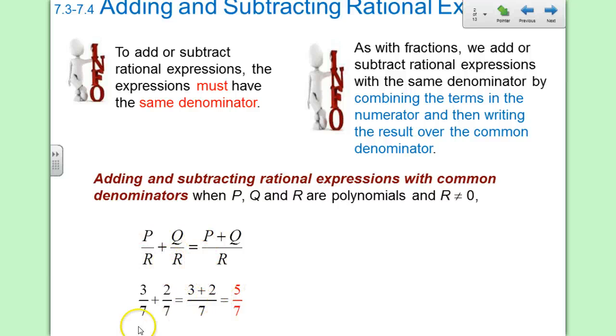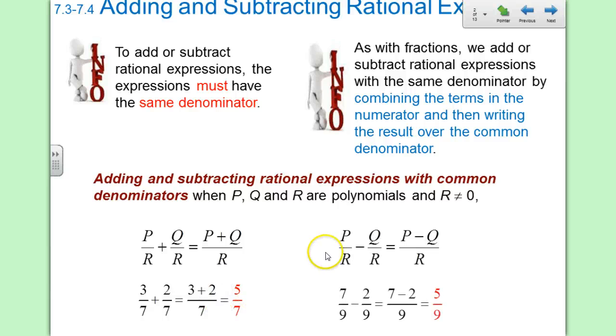It sure makes a nice, easy question if you have 3/7 of a pizza and 2/7, and obviously you have 5/7 of a pizza. Same thing works with subtraction: if you have the same type of slices, then you can simply subtract. It doesn't work at all if you do it wrong.